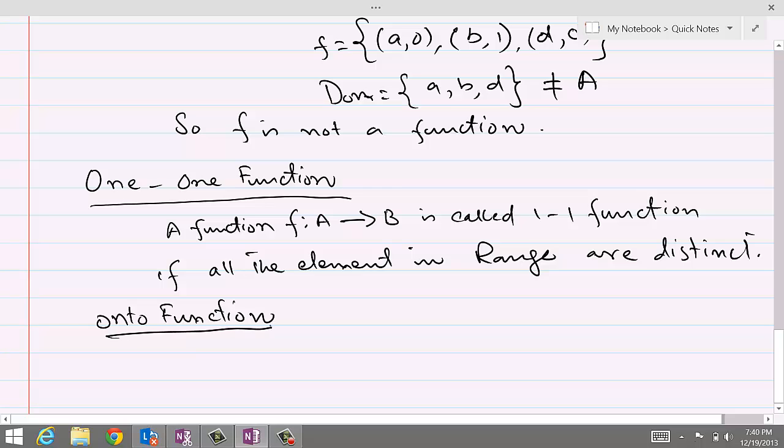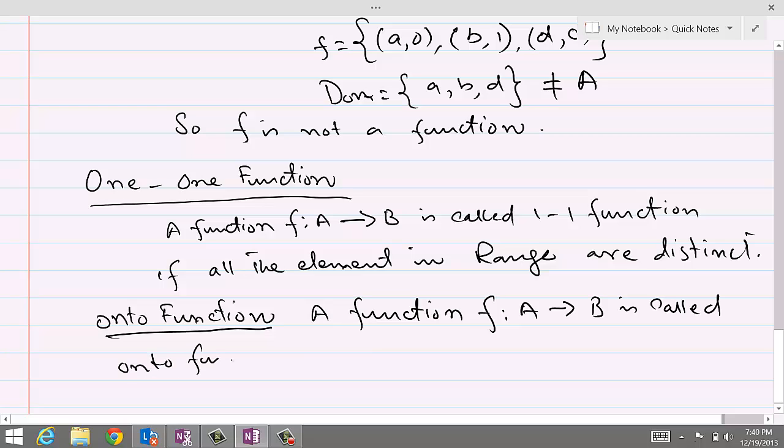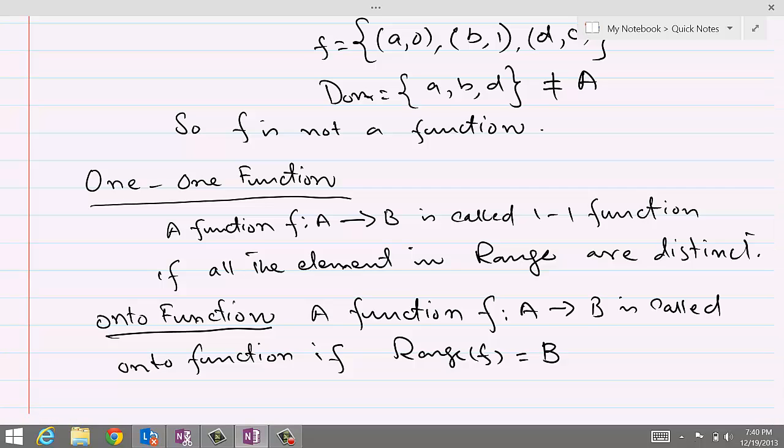A function f from A to B is called an onto function if the range of the function is equal to the second set, is equal to B. Clearly you can see these are both conditions which a relation needed to qualify in order to be called a function.